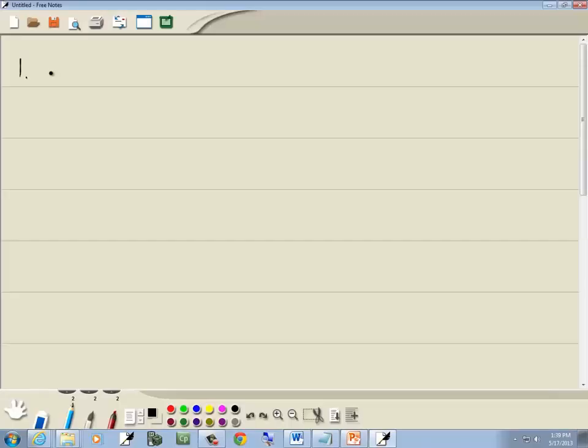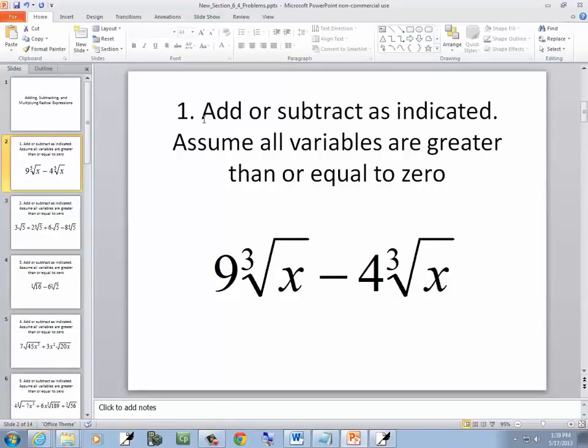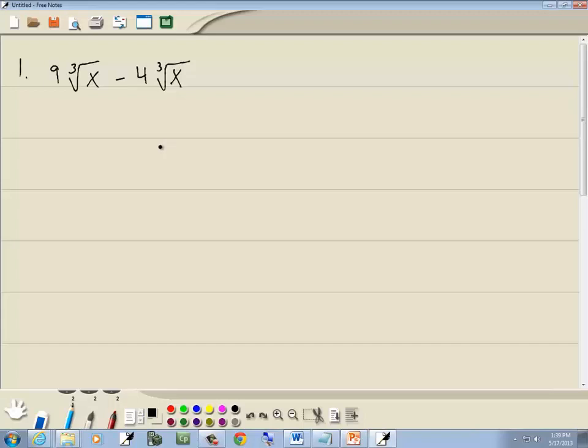We got the 9 cube root of x minus 4 cube root of x. And subtract or add or subtract is indicated. Assume all variables are greater than or equal to 0. Now, different books call this different things throughout algebra.